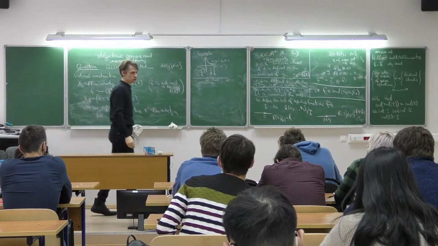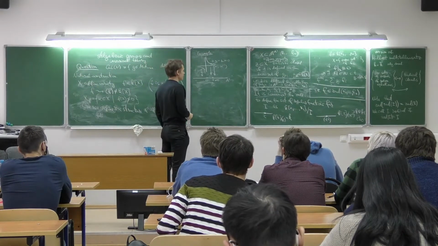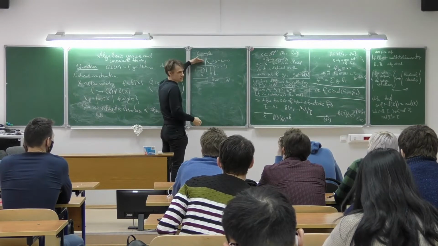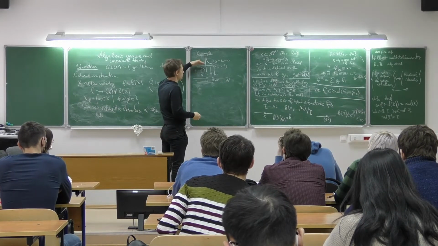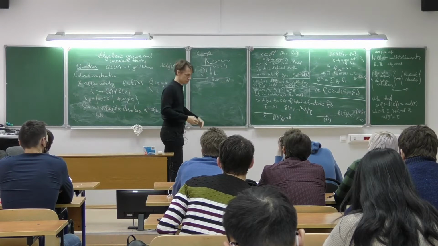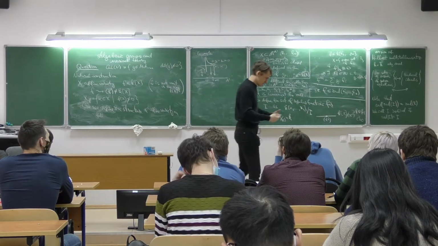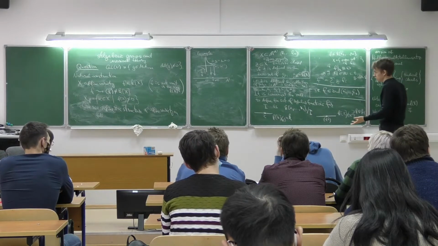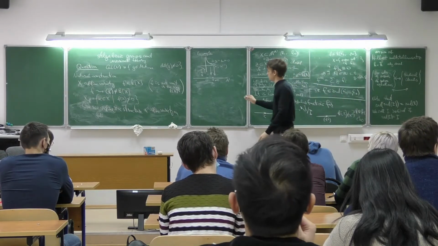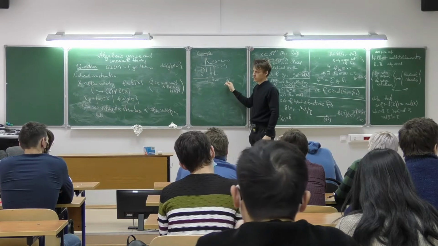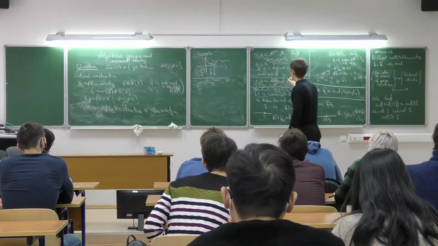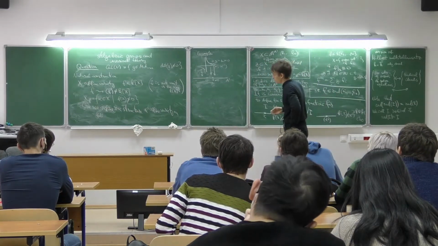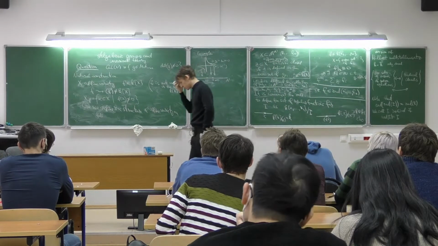So this is precisely an example that shows that for a very natural mapping between varieties, the image of this mapping is not algebraic, not closed, for example, not a Zariski closed subvariety.